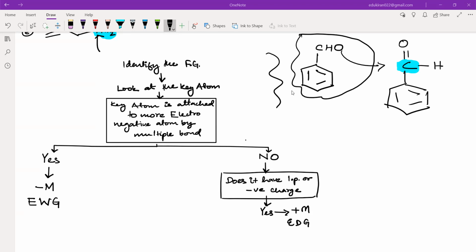Oxygen is more electronegative. Is it attached to oxygen with a multiple bond or single bond? Multiple bonds. So the key atom is attached to a more electronegative element by a multiple bond. That is why this will be a minus M group, and hence an electron withdrawing group.